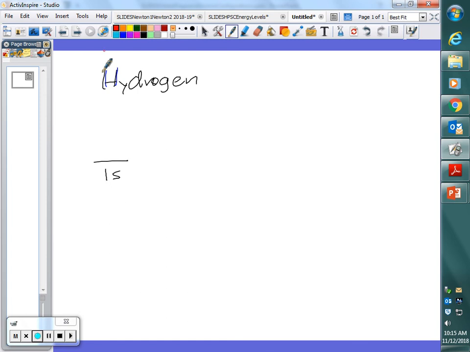And so I'm going to use an arrow to represent my 1 electron in that orbital. And there we have an orbital diagram for hydrogen. That's it. Now, it gets a little bit more complex, obviously. Hydrogen only has 1 electron, but we're representing that big diagram that we drew in a shorthand way. And we'll work on that more tomorrow.